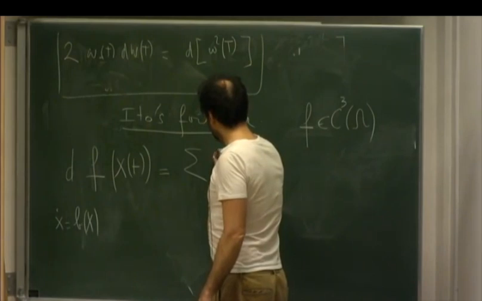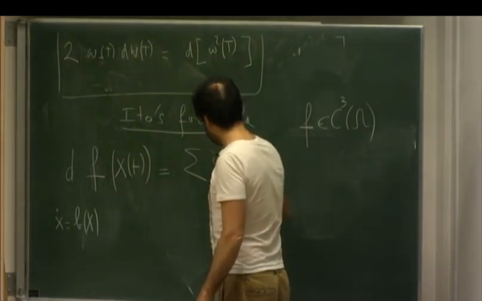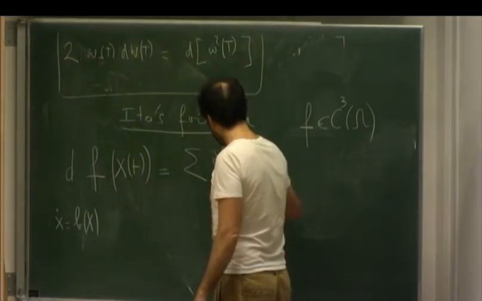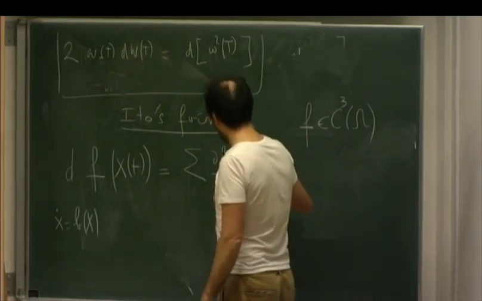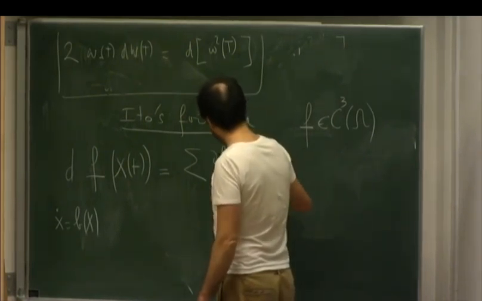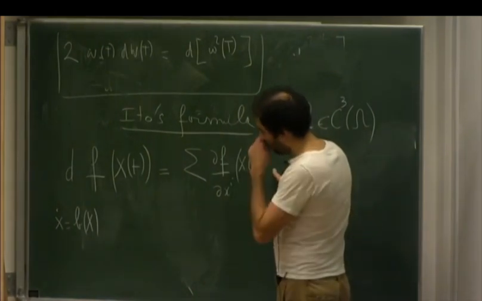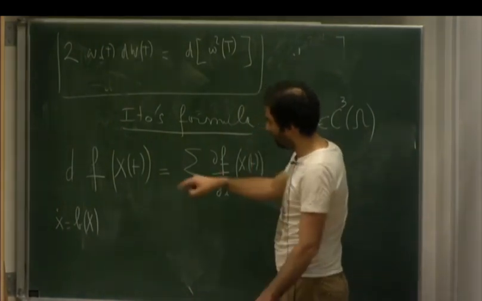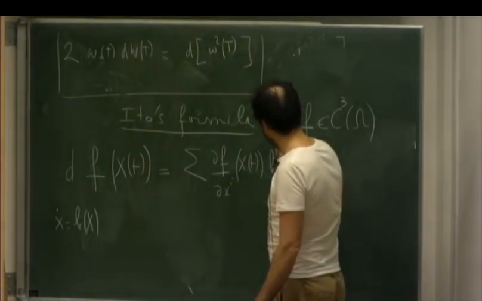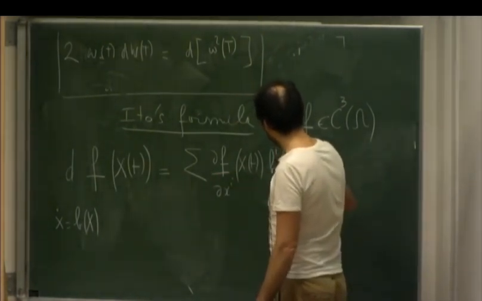This is df/dxi at position xt, multiplied by dxi, which is here bi of x of t delta t.